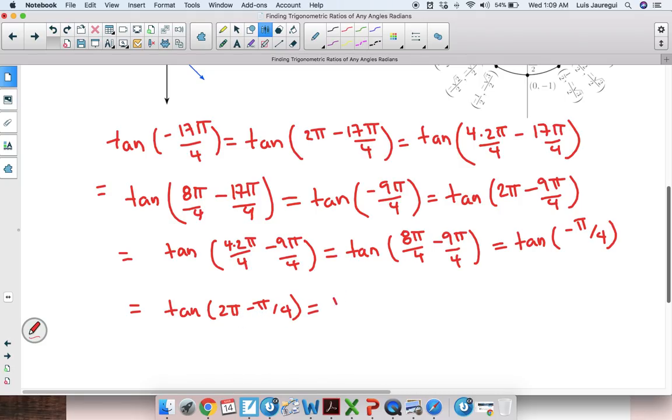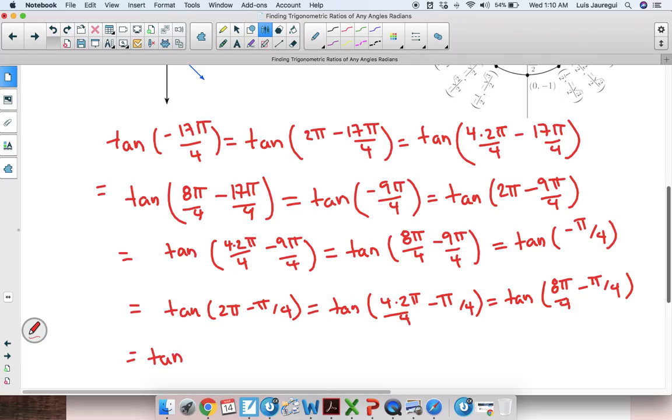This becomes tangent of 4 times 2 pi over 4 minus pi over 4. So this is now the same as tangent of 8 pi over 4 minus pi over 4. And this happens to be tangent of 7 pi over 4.